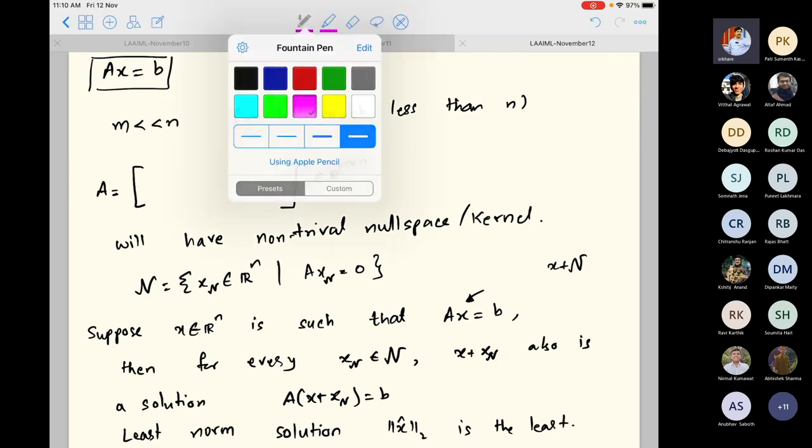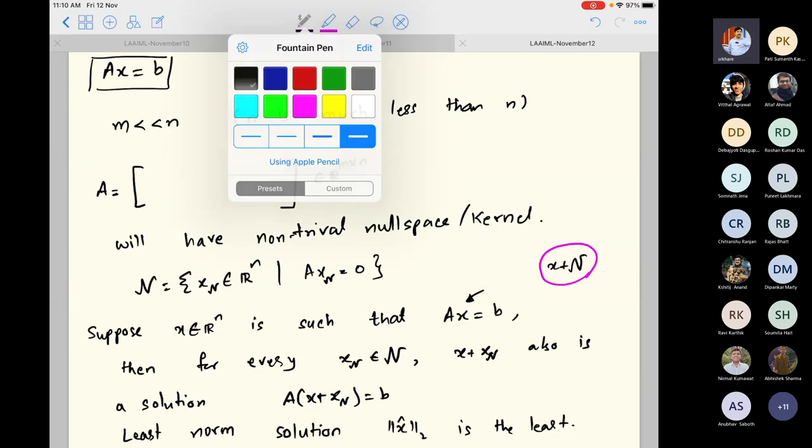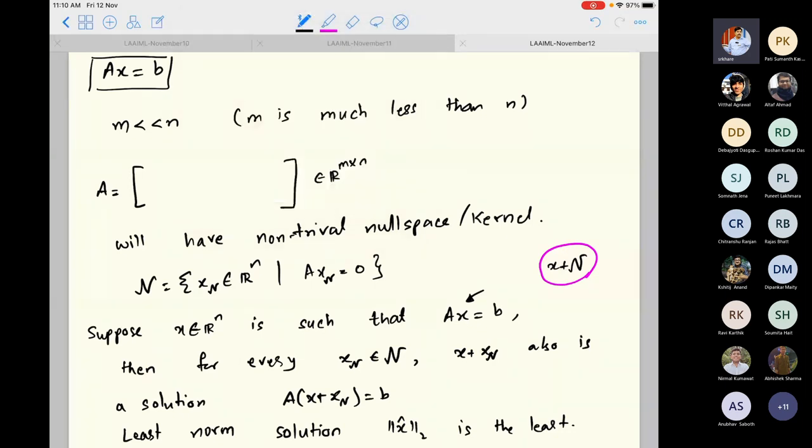Amongst this set, you choose that vector x which will have the least norm, right? So singular value decomposition will again come to our rescue, and we can use SVD to actually construct the least norm solution in case when the norm is 2. Okay, 2 norm is considered, that is what will happen.